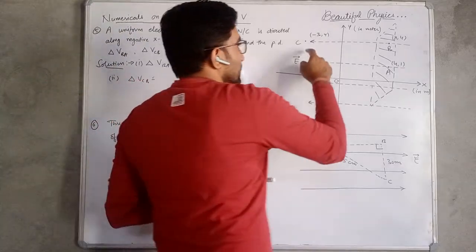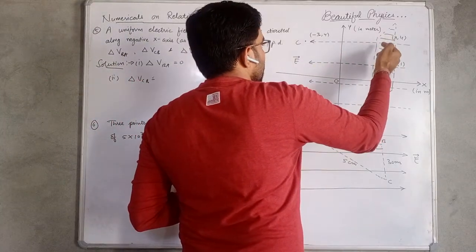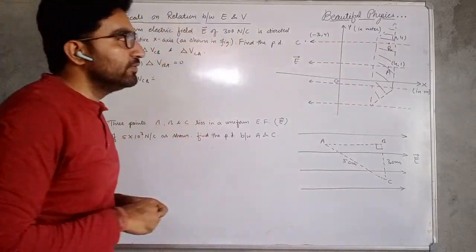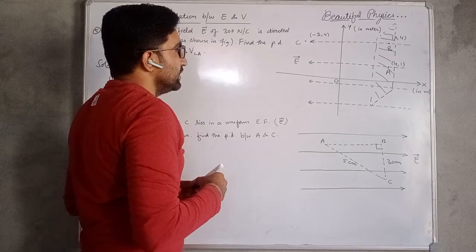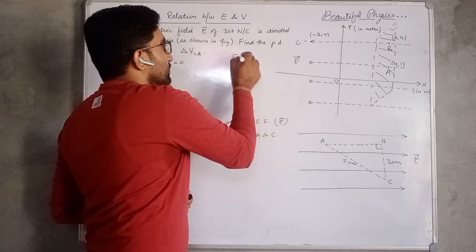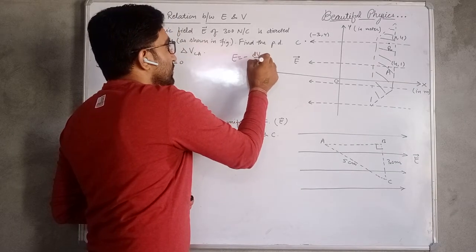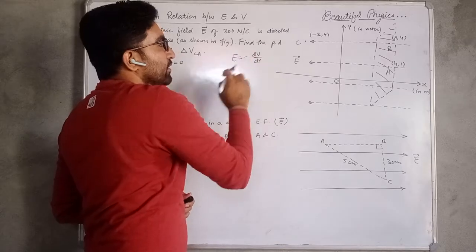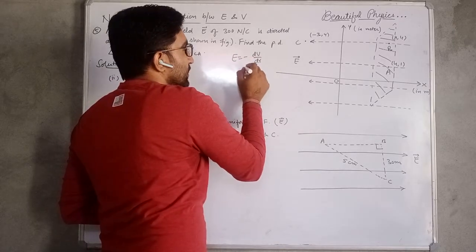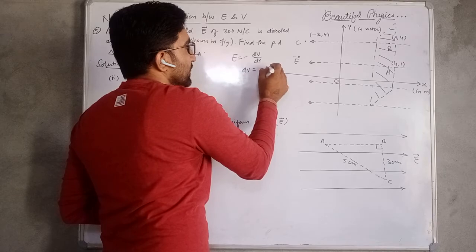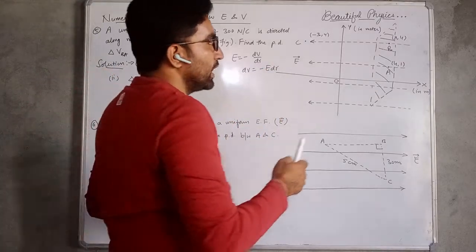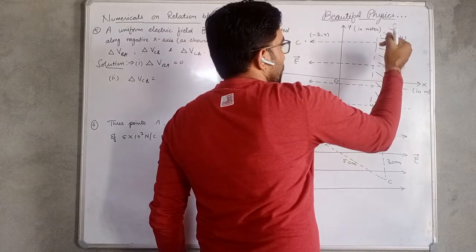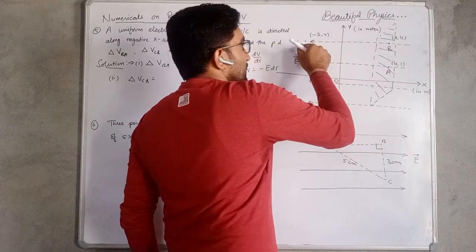VCB, the charge is moved from C to B, and we know that E is equals to minus dV by dr. We have to find here dV, and it will be equals to minus E dr. If we check the value of r here, then the value of r is from this point to this point.